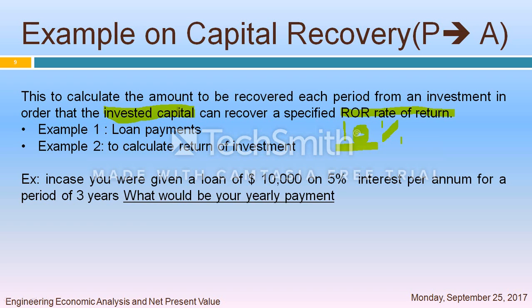So we have the capital and we have the rate of return which is given by him. So he needs us to tell him what is the amount A which needs to be achieved yearly in order to recover our investment.